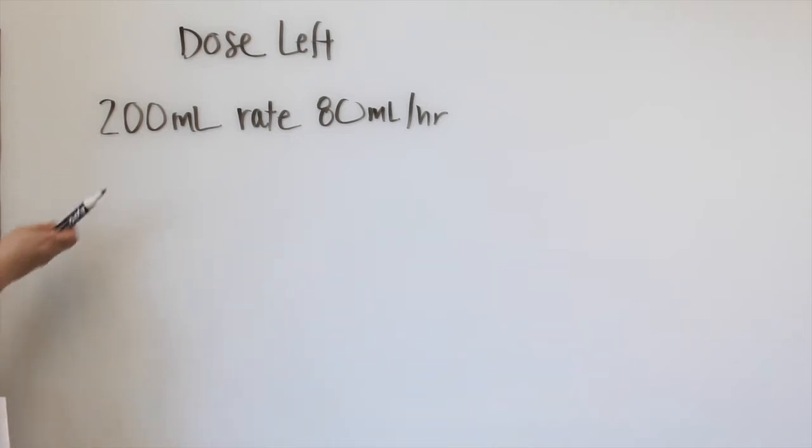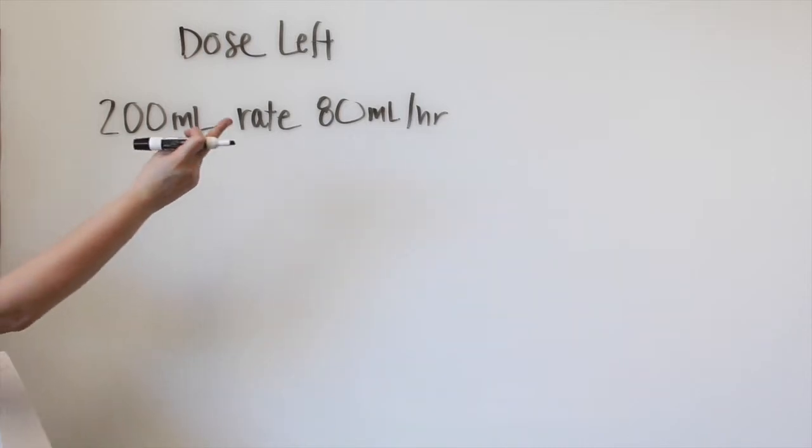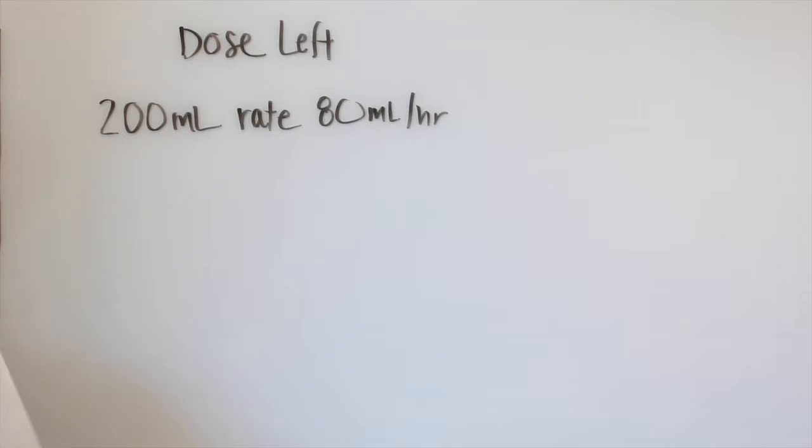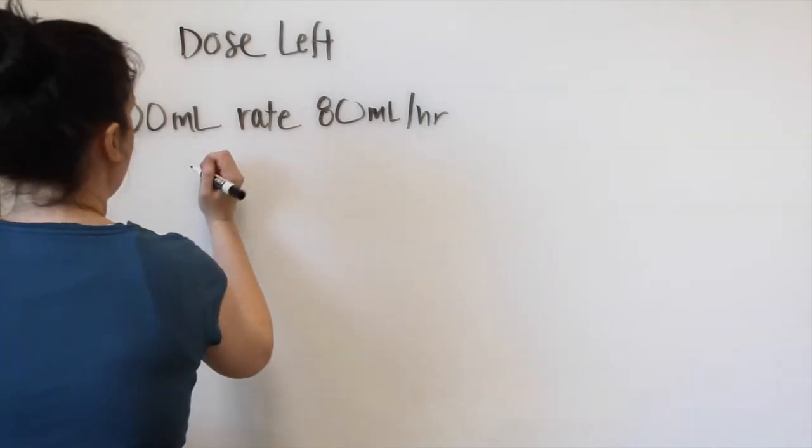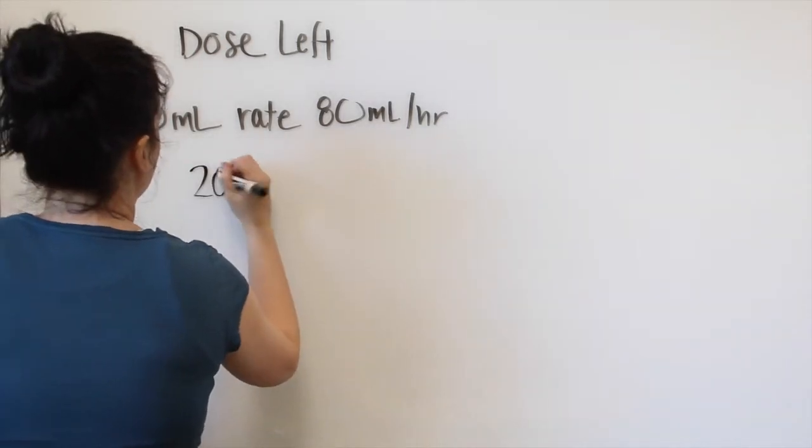So in report, you get that there's 200 milliliters left in a 1 liter bag. The patient's getting this fluid at a rate of 80 milliliters per hour. So at what time will you need to go back into the room to change the bag out to anticipate those needs? So this one's fairly simple, fairly straightforward.